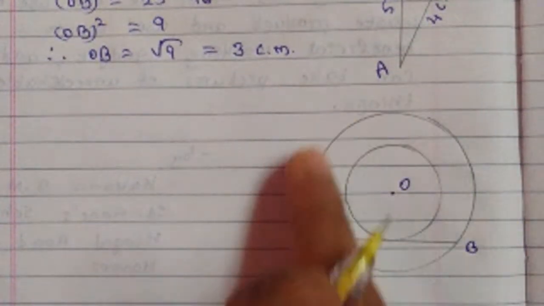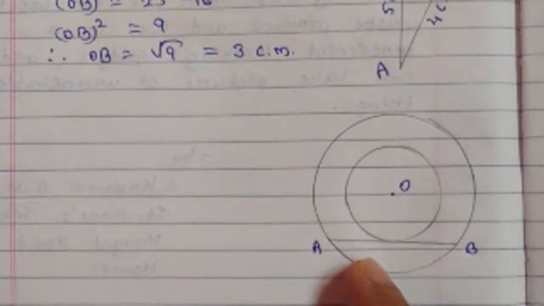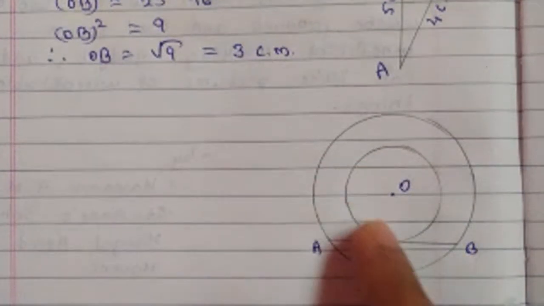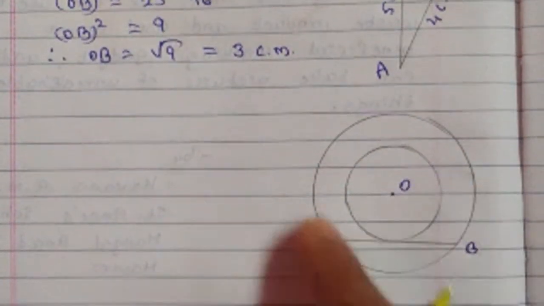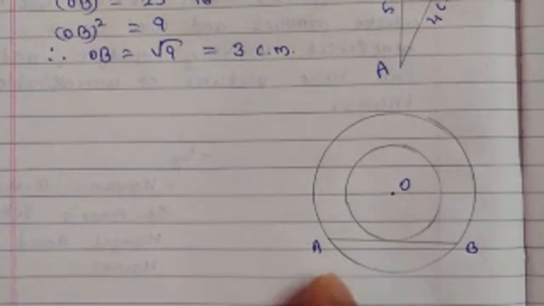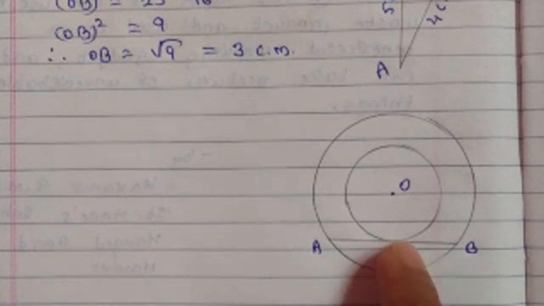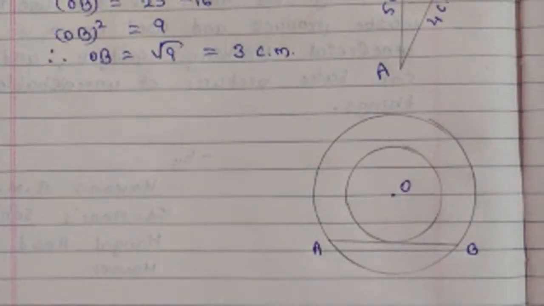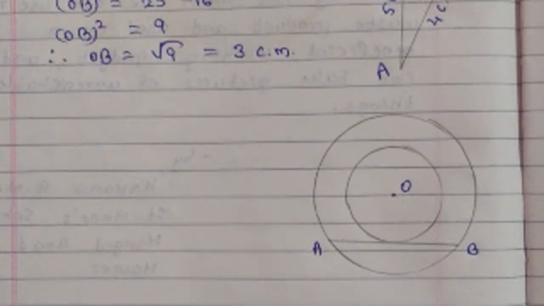We call this the larger circle because its radius is given as 5 centimeter, and the smaller circle has radius 3 centimeter. Now we have drawn one chord AB of the larger circle and it touches the smaller circle. We have to find the length of the chord.